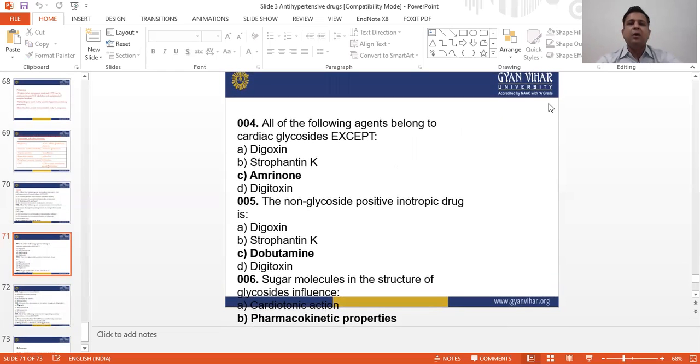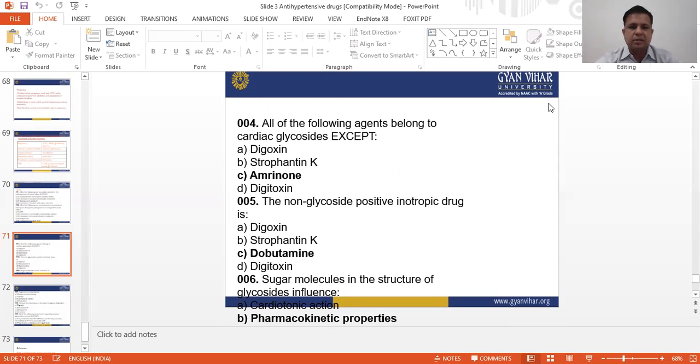Next question: all of the following agents belong to cardiac glycosides except: option A, digoxin; option B, strophanthin K; option C, amrinone; and option D, digitoxin.